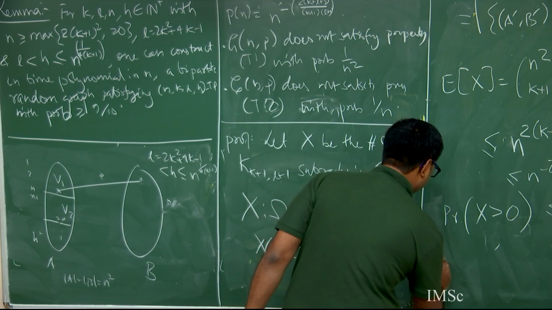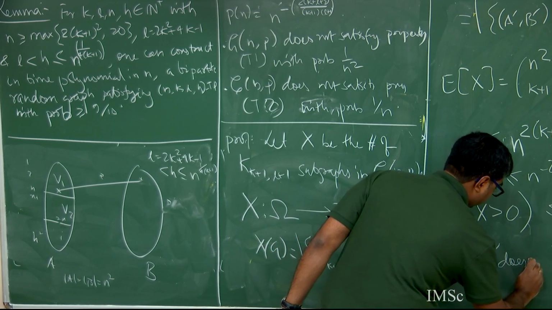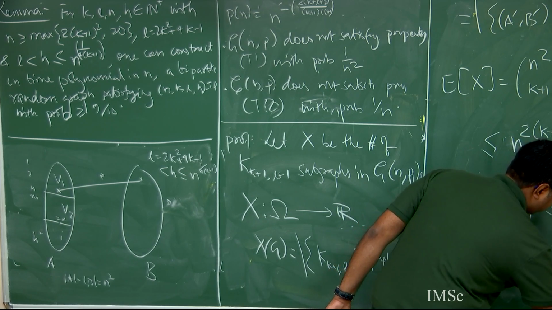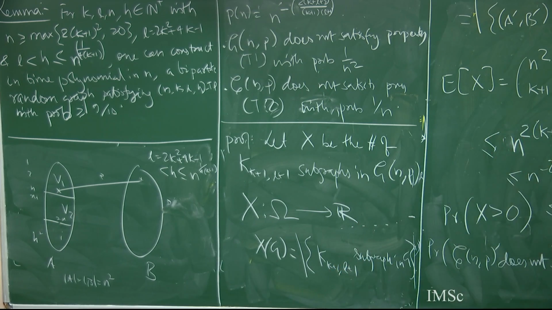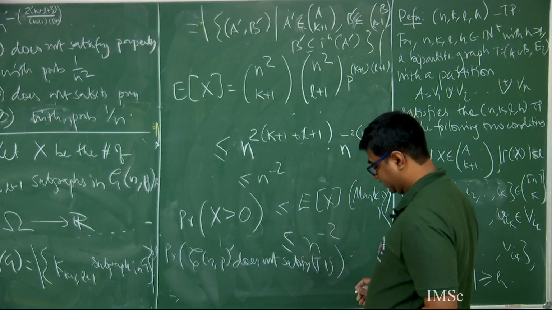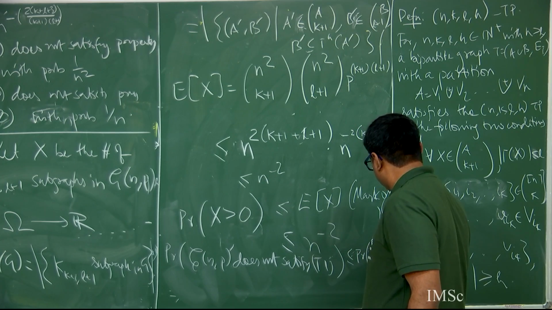So the probability that G(n,p) does not satisfy T1 is less than or equal to the probability that x is greater than 0.